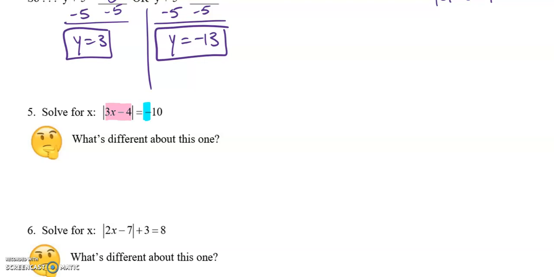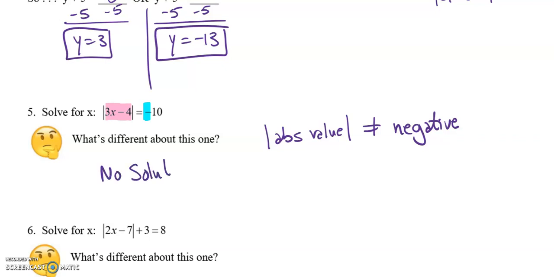It doesn't happen. The absolute value will never equal a negative. So no matter what value you plug in for x, if you take the absolute value, you will never get a negative 10. So in this case, we have no solution.